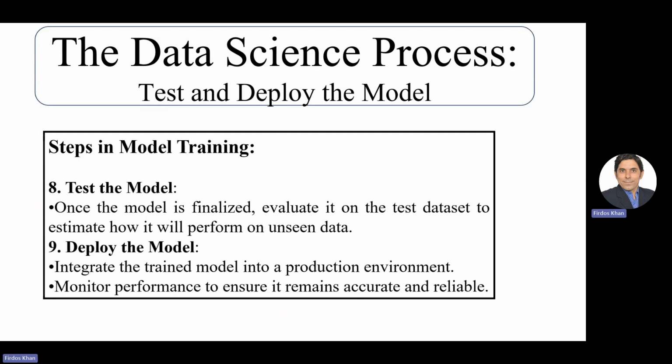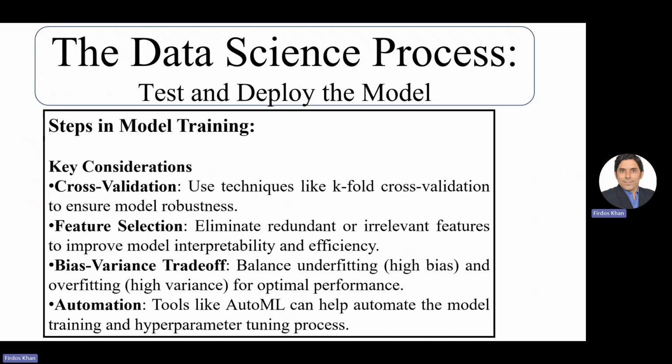That depends on what you have done in the first step, where you state the problem and set the objective for your study. Monitor the performance to ensure it remains accurate and reliable. You can see these things during the training and testing duration, but in deployment, you can check these things.